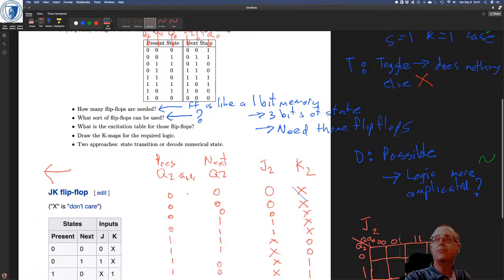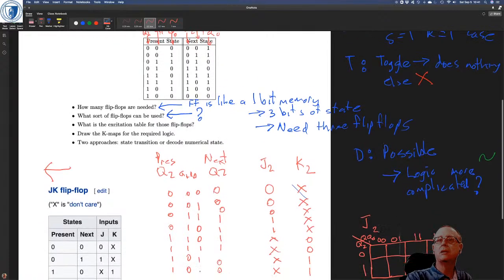That's 0, 0, 1, 1, 1, 1, 0, 0, and Q0 is 0, 1, 1, 0, 0, 1, 1, 0.